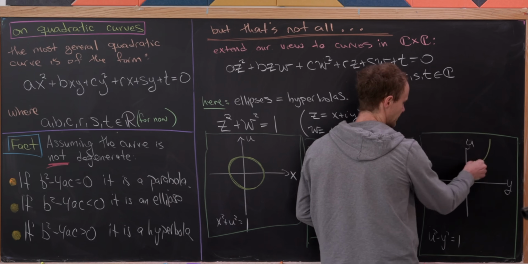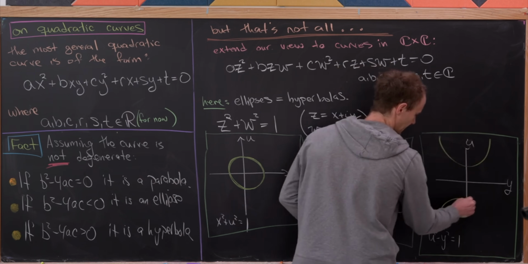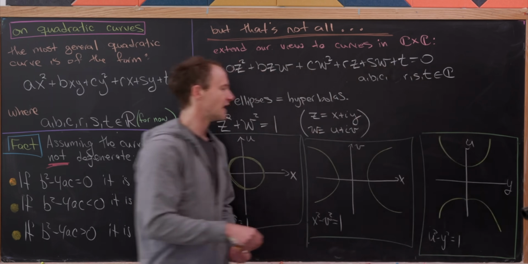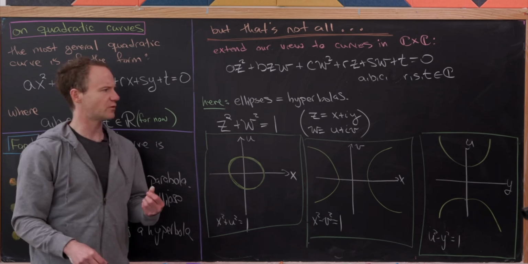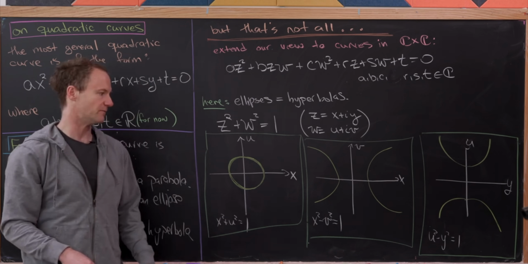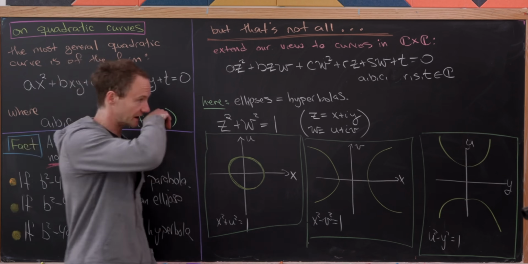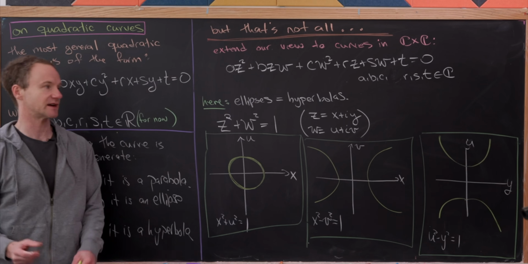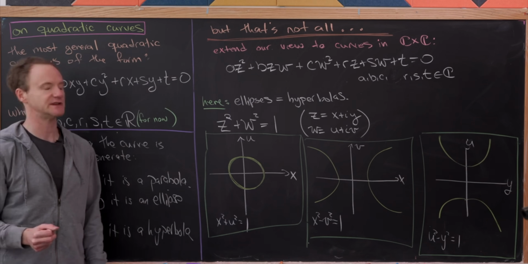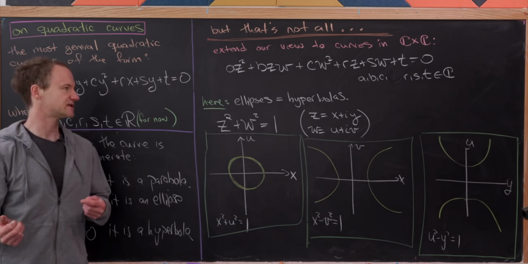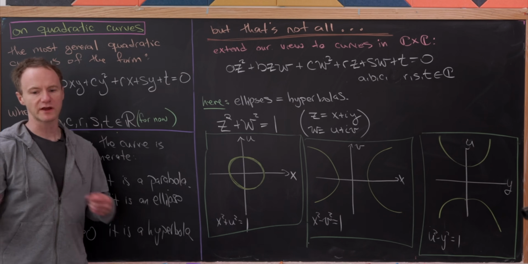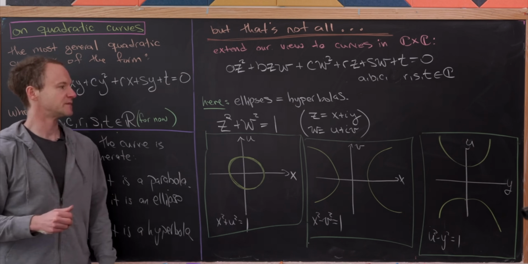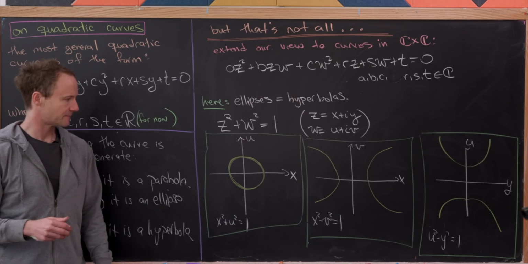There we've got a unit hyperbola opening this way and this way. And then what do we get if we take the imaginary part of both? I'll just talk through this. That would give us iy squared plus iv squared, so minus y squared minus v squared equals 1. But since v and y are both real, there are no solutions to that. So that's kind of a blank.